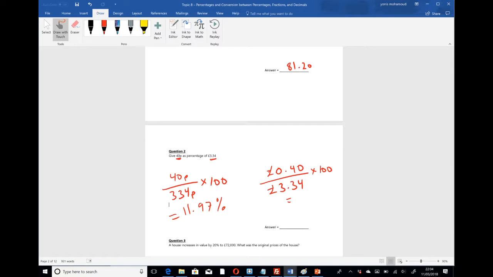So there's no wrong answer. I could do method 1 or method number 2. They both will give me the same answer. But the most important thing is you have to convert one of those values into the other unit. So you either convert 40p into pounds, or you convert £3.34 into pence.